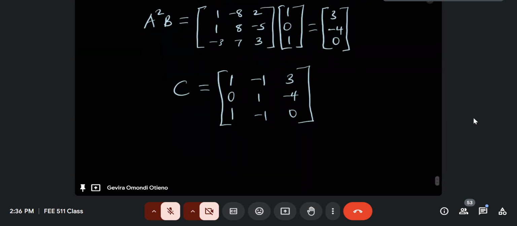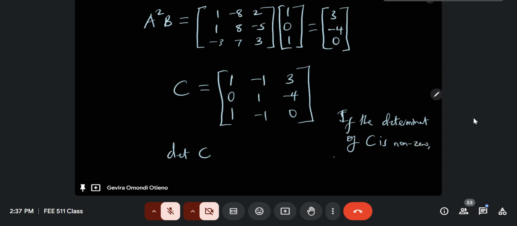But we have to carry out another test and get the determinant of C. Now, if the determinant of C is non-zero, then the system is controllable.